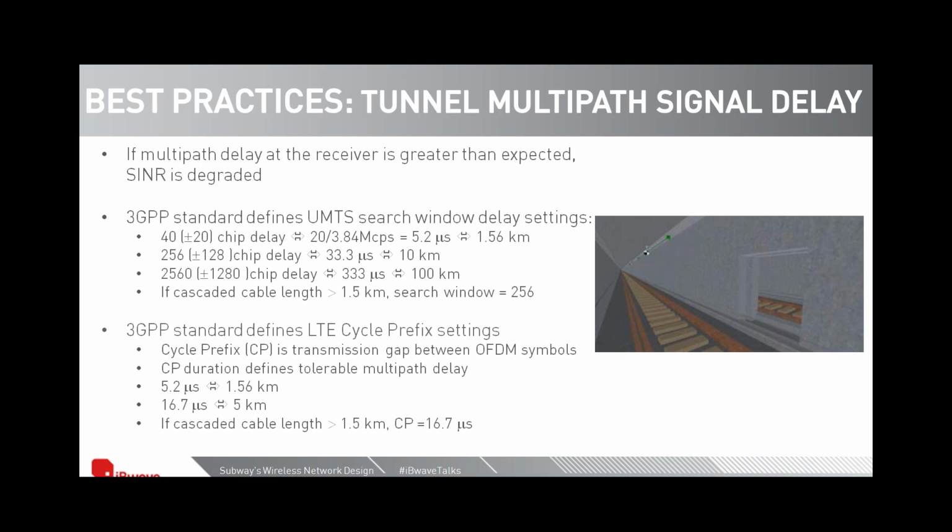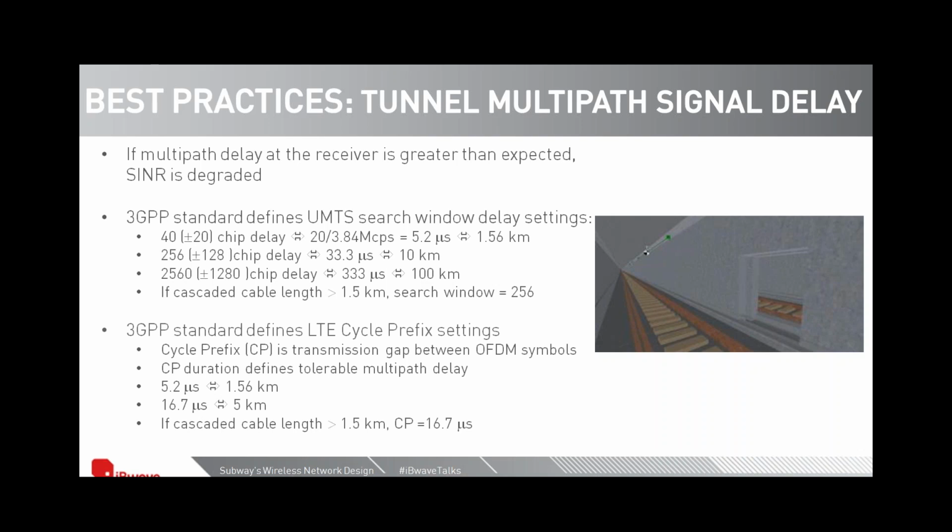And then what happens is that the UMTS search window needs to be adjusted. The 3GPP standard defines UMTS search window delay settings as one of three values. The value 40 means plus minus 20 chip delay, and that is equivalent to a multipath delay of 5.2 microseconds.